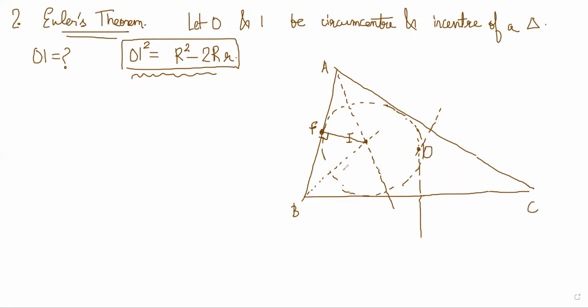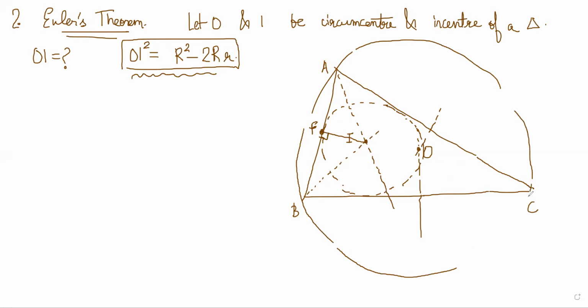Let's also draw the circumcircle. The circumcircle will be like this, passing through C like this, right?